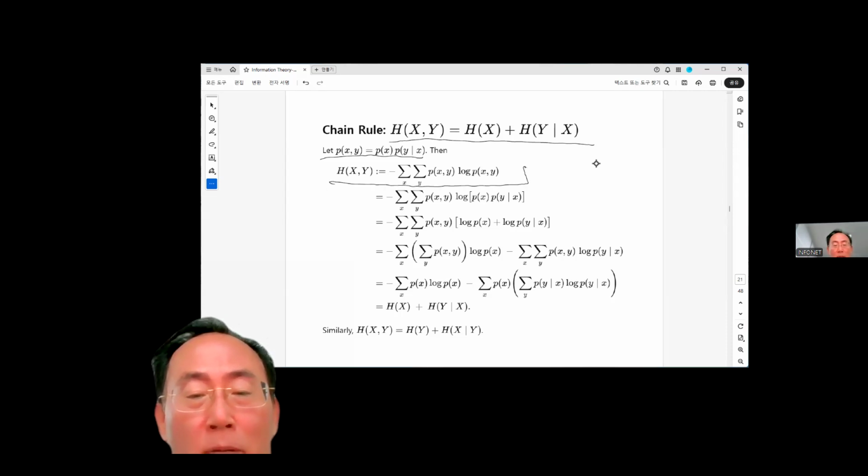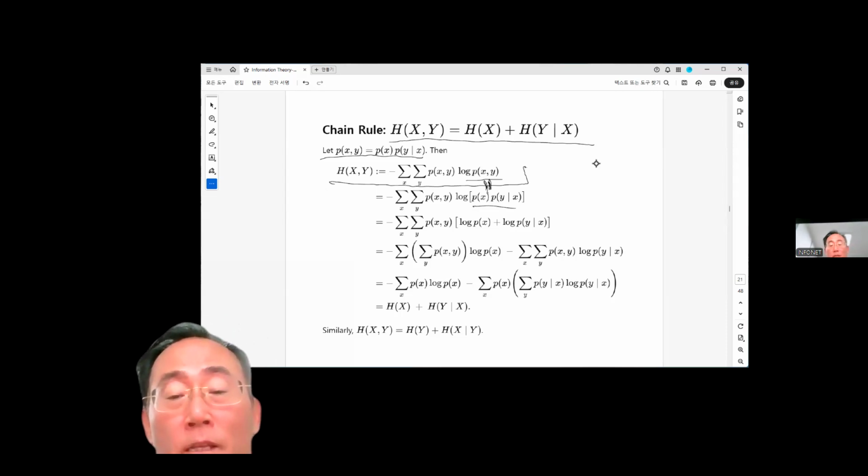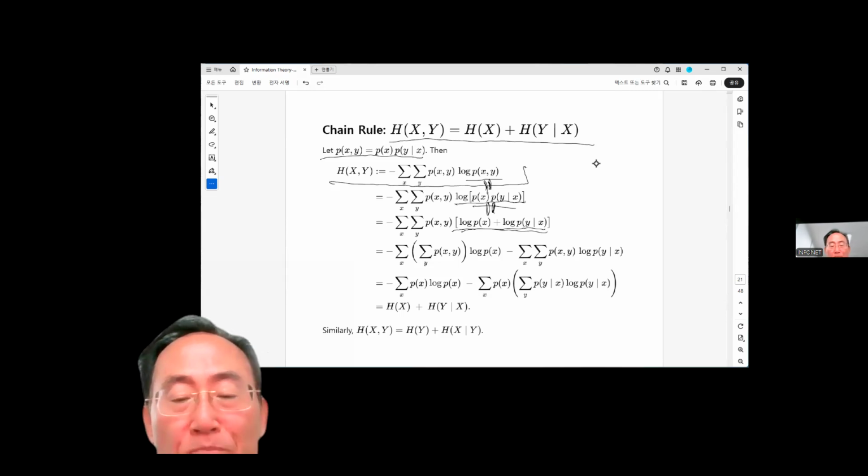So the first line is by definition, and the second line is by applying p of y given x is equal to that. That is equal to that. And the third line is based on log of product. Log of product is equal to sum of logs. So these two are the same. The rest of them stay the same.